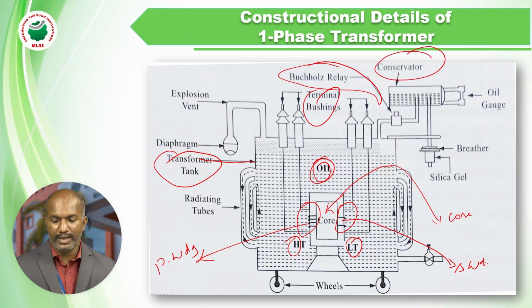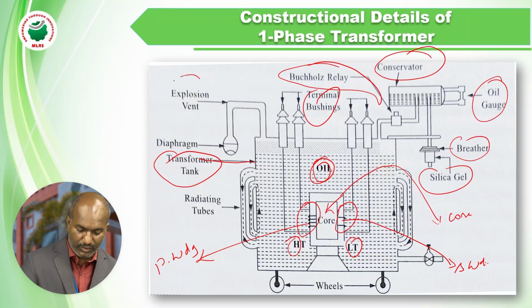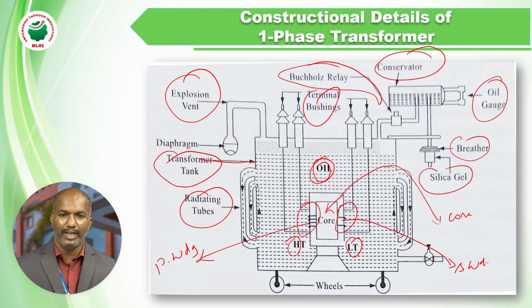Expanded oil or compressed oil flows through this conservator tank. A breather is there, silica gel is there, an oil gauge is there, an explosion vent is there, and radiating tubes are there for cooling purposes. These are the main parts of the transformer. Now I will come to each part of the transformer and explain how it works and what the duty of that part is.